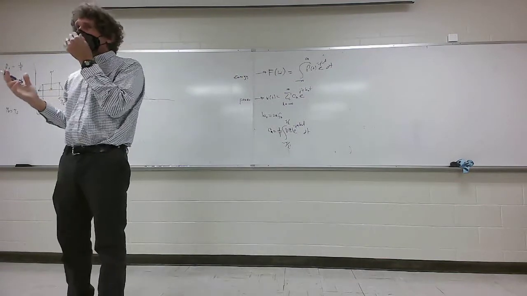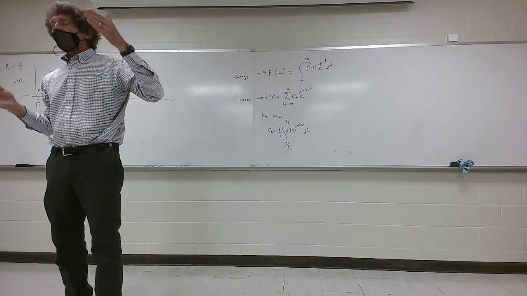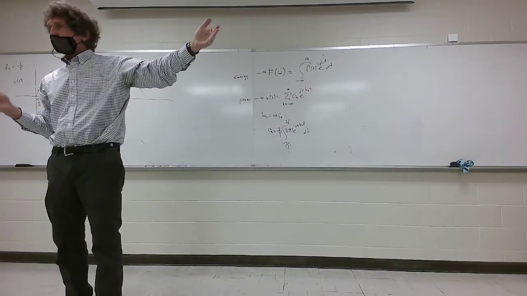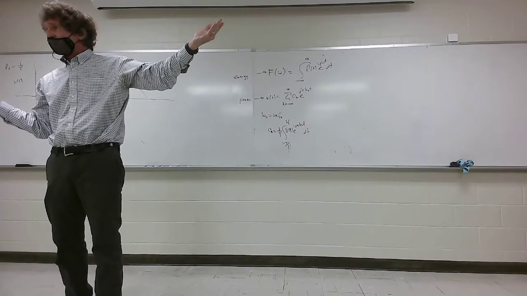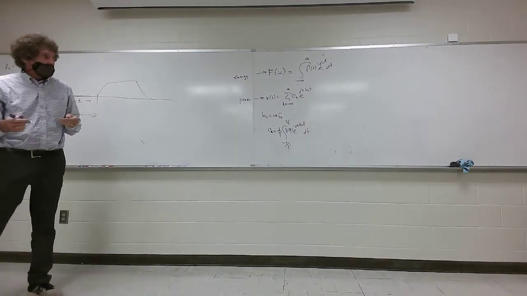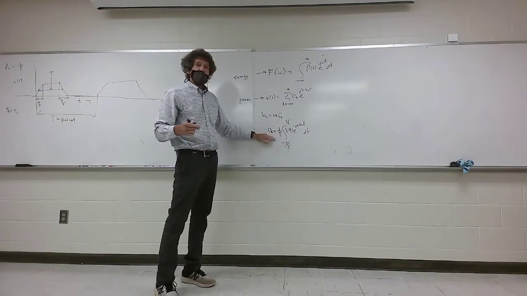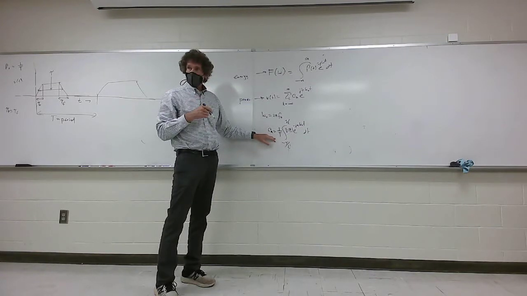Y'all remember that back in the day when we had signals and systems? Fourier series are used for repetitive signals. If you have an infinite series, you can't have an energy signal because the energy is infinite. So you always talk about a Fourier series analysis, and these coefficients have the power at each frequency. We take that and square the magnitude.